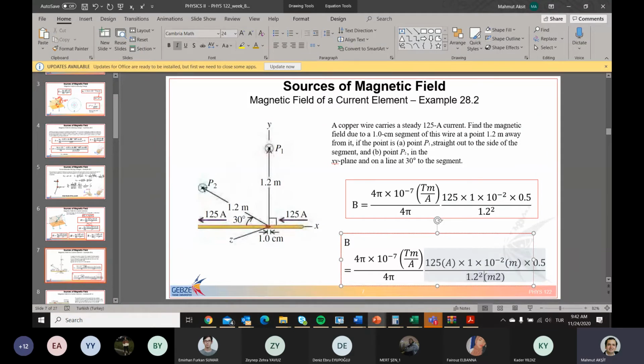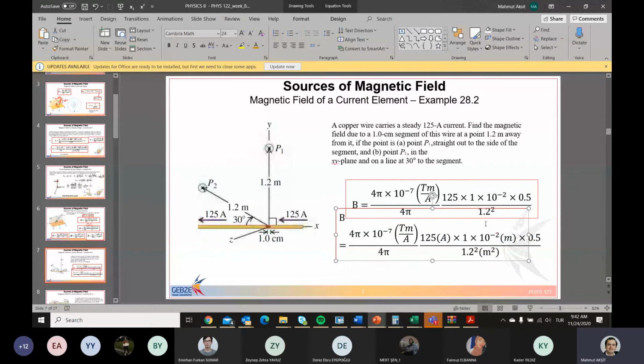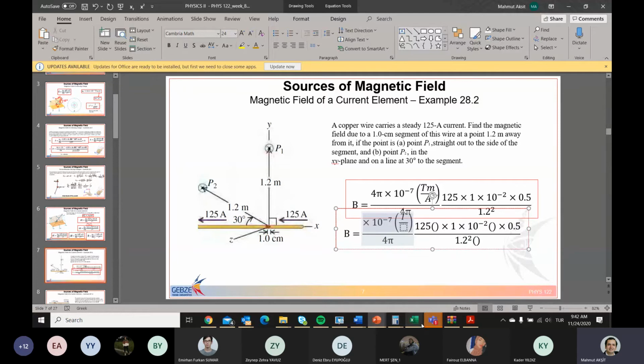Meter square, and these 2 meters cancel out each other. And amperes cancel out each other. So you end up having Tesla as expected. So 4 pi's also cancel out each other.